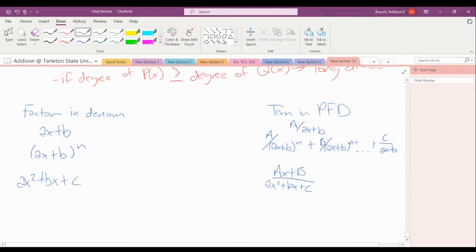If for some reason you have something higher than the power of 2 as one of your factors, just know that the numerator will have to be one less in power. And once again, the same rules apply if this quadratic is raised to a power: you keep repeating that, subtracting 1 each time, until you get back down.